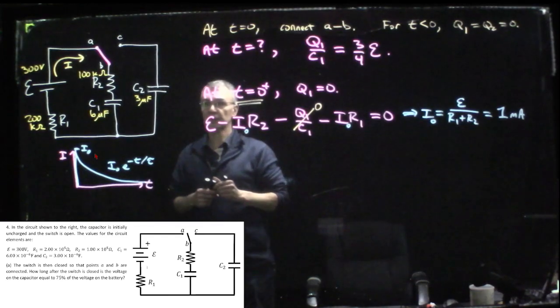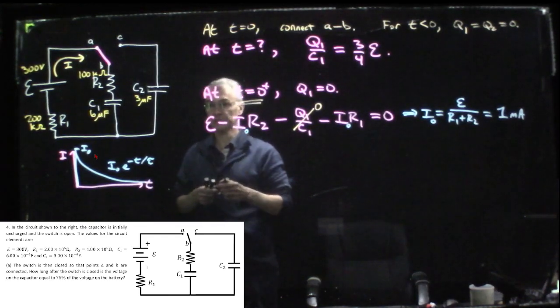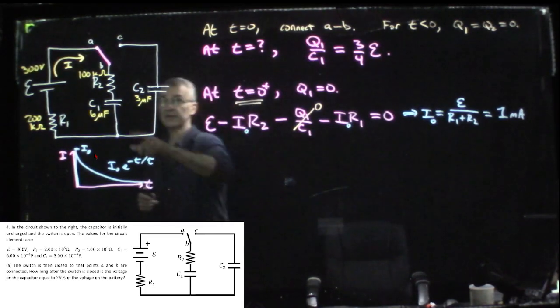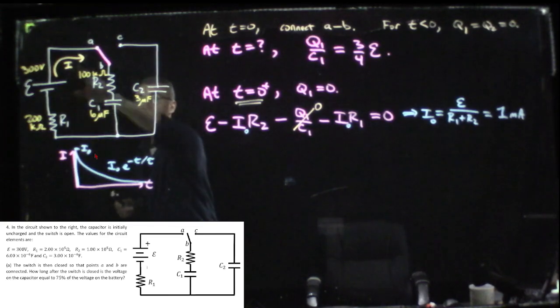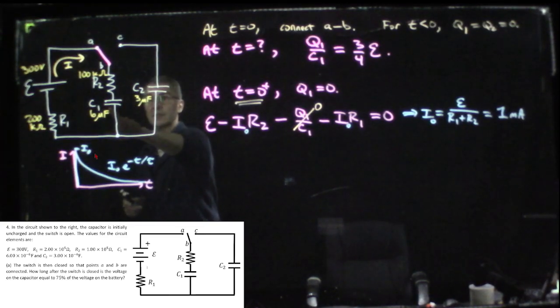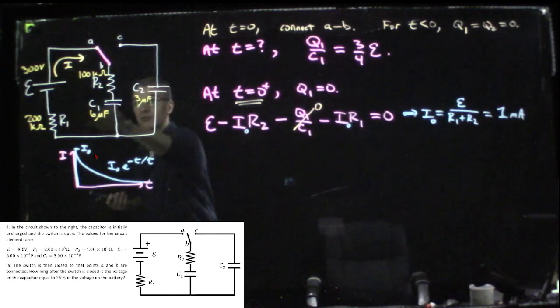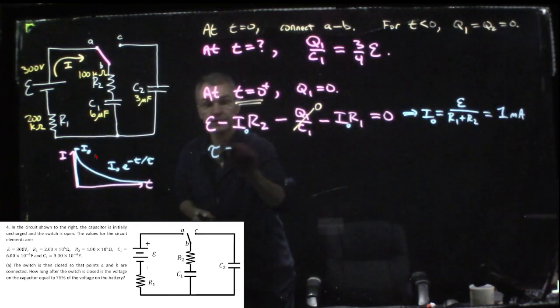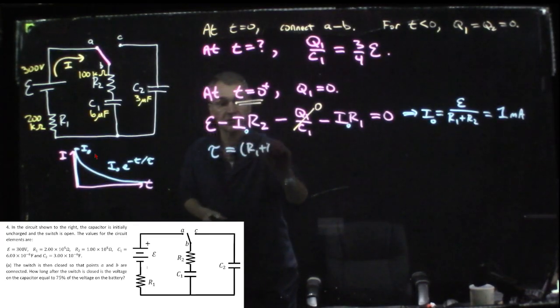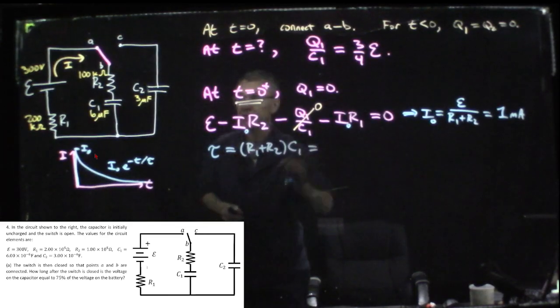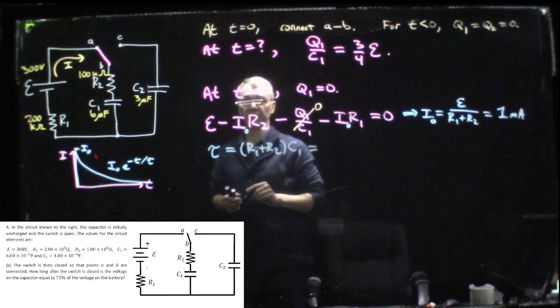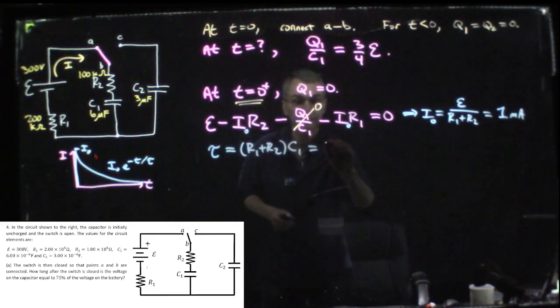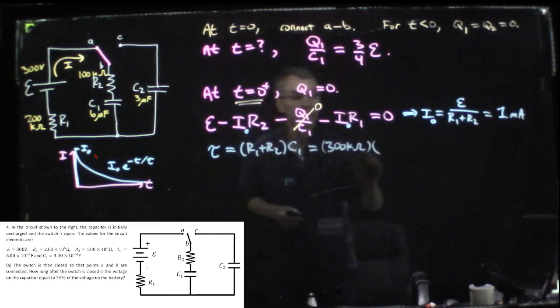Okay. So then what's the time constant? So see, what's charging up the capacitor? We have this current, and there's only one capacitor in the circuit. So the capacitance is C1, and then we have these two resistors in series. So I think our time constant is R1 plus R2 times C1, which is 300 kilo ohms times 6 microfarads.